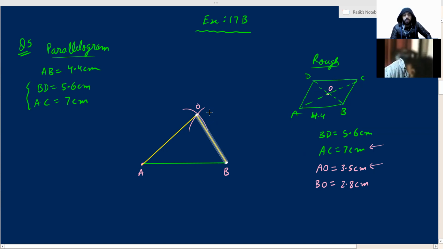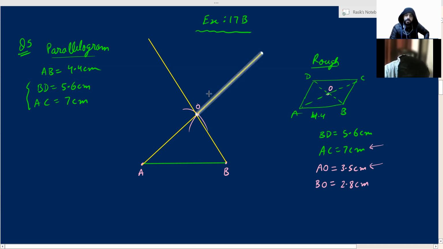So these are AO and BO. Again, we all know that AO is half of AC. We have already got AO. Now extend BO further and extend AO further, producing AO and BO in the same direction using a scale.